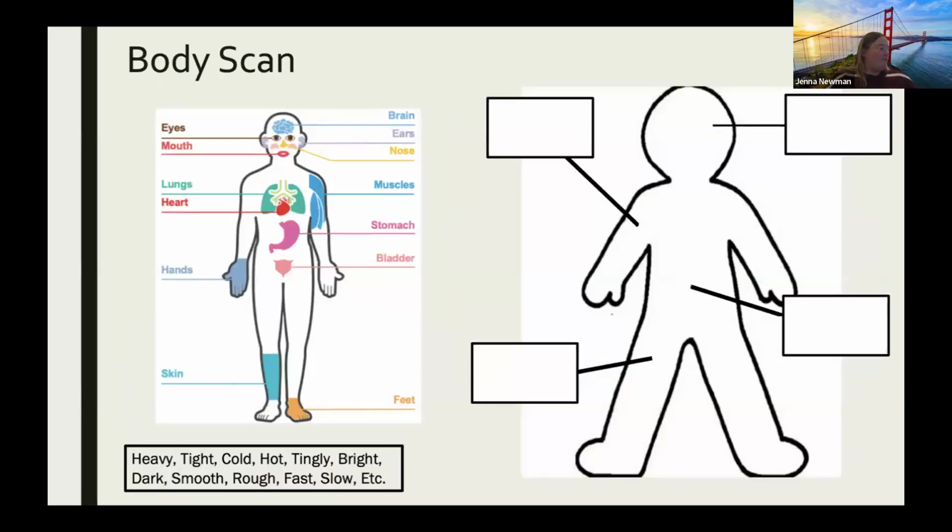So this is an example of what a body scan can look like. And this is what we include in all of our somatic activities or experiments that we work on. Depending on the individual you're working with and what skill they're working on, what their current cognitive abilities are, that depends on what our body scan is going to look like.